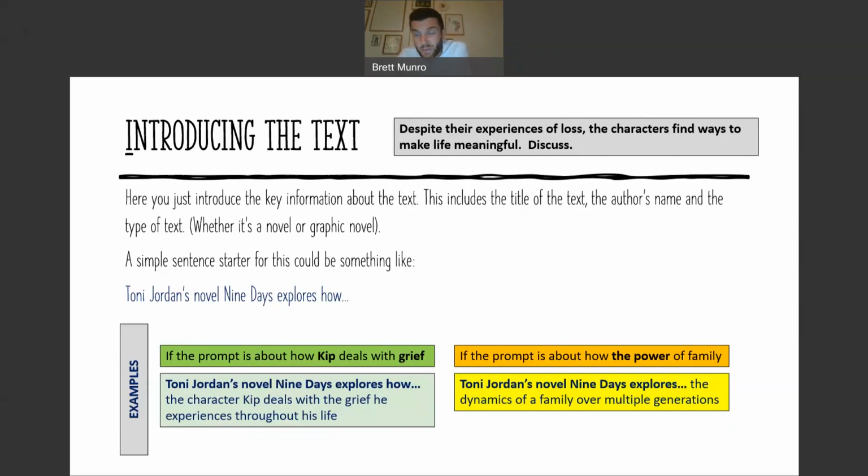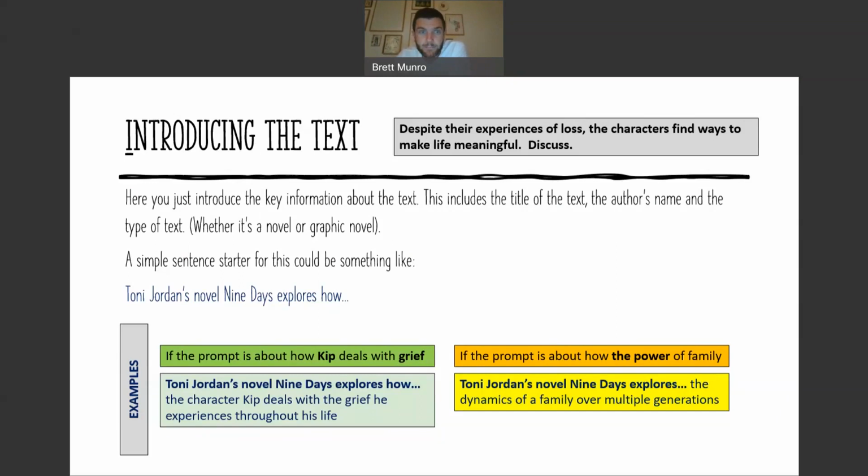So this will include the title of the text, it will include the author's name, and it will include the type of text. So you don't want to just say text, text, text, text all the time. You want to make sure that you're saying novel or graphic novel if it is Persepolis.